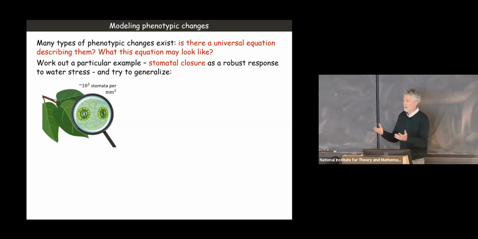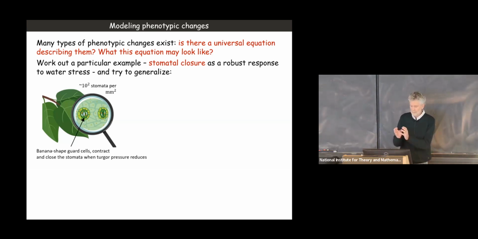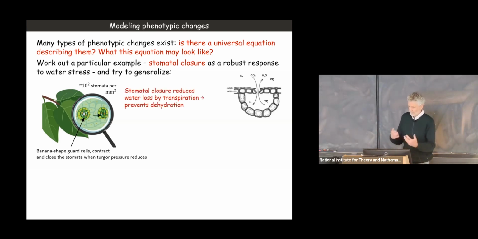So stomata are those little microscopic openings in the leaves. As you see, there are many of them. They consist of pairs of banana-shaped cells called guard cells, which contract and close the stomata when the turgor pressure inside those cells is reduced. The closure of the stomata reduces water loss by transpiration.